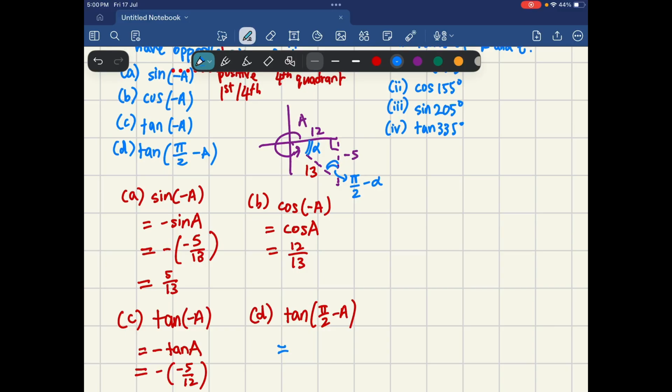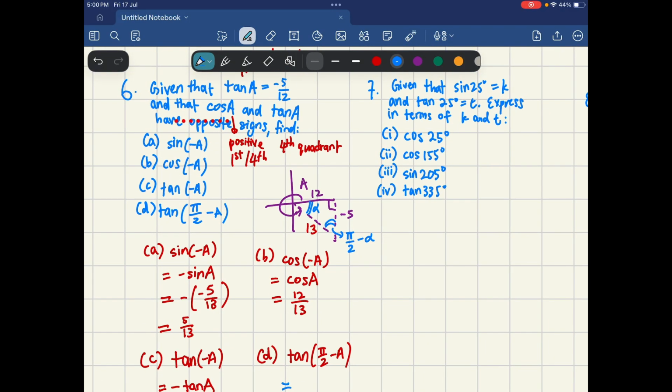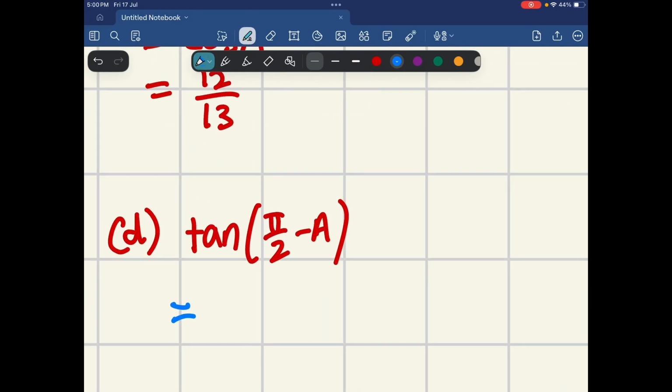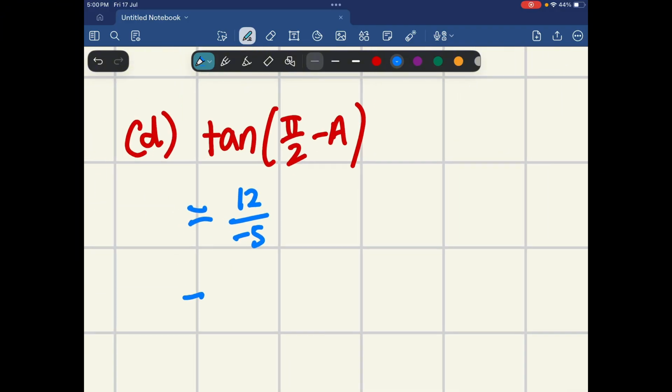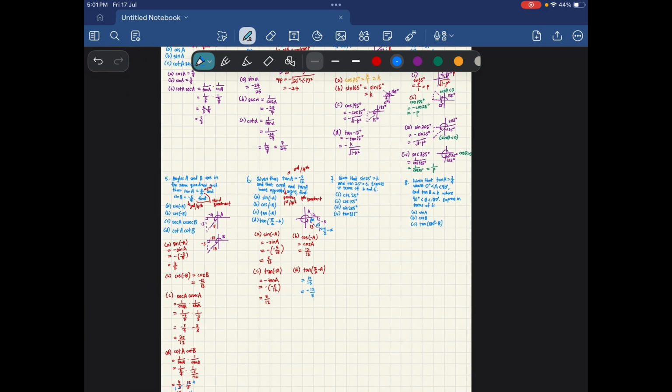And then, since it's pi over 2 minus A, it will be opposite over adjacent from here. So my opposite will be 12. My adjacent will be minus 5. So I'll get minus 12 over 5 as my answer. So that's question 6.